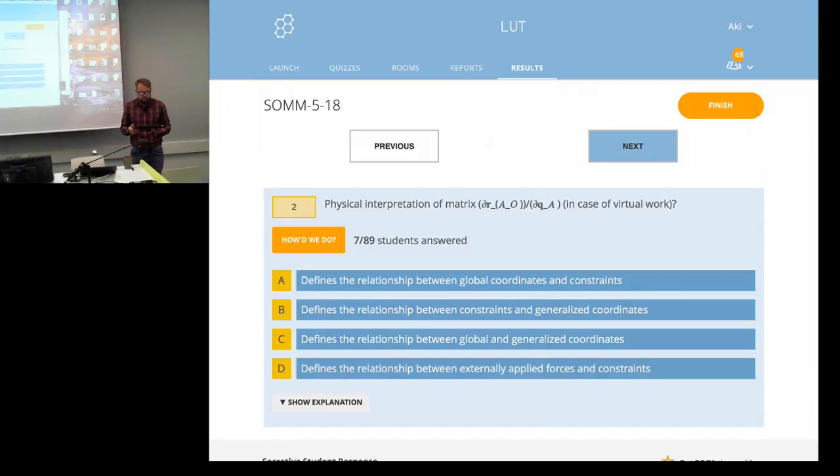It defines a relationship between the constraints and generalized coordinates. It defines a relationship between the global and generalized coordinates, option C. Option D defines a relationship between external applied forces and constraints. It's a little difficult, I have to admit, but this is clearly doable.